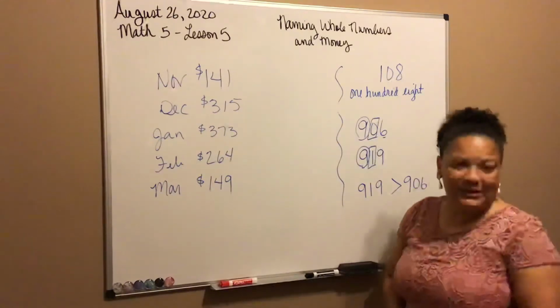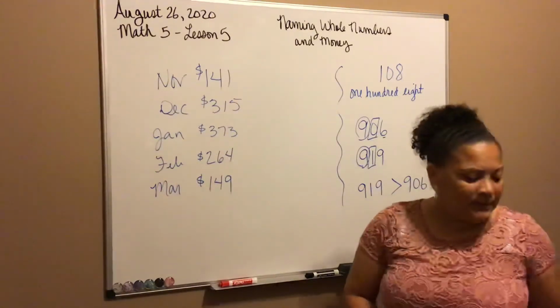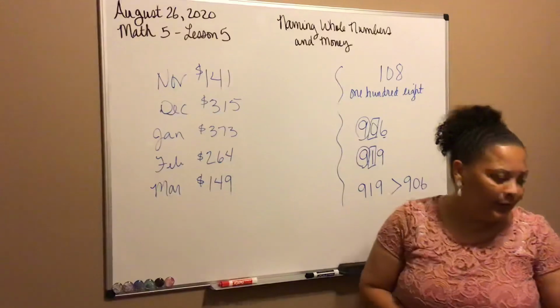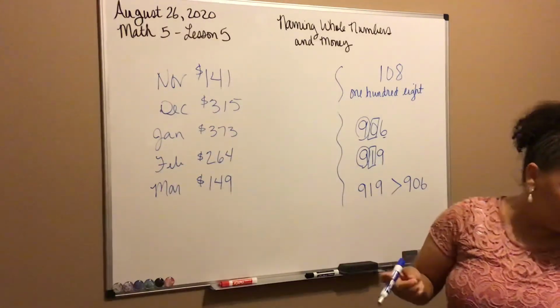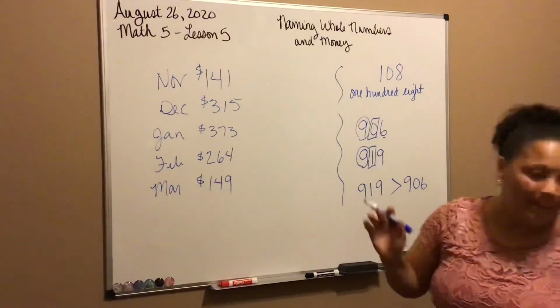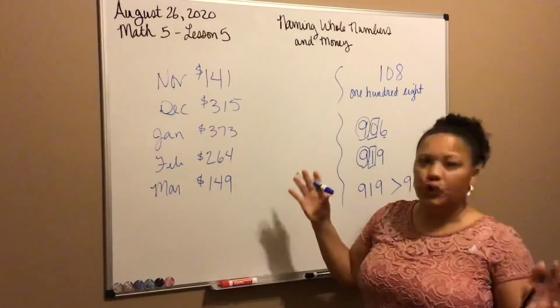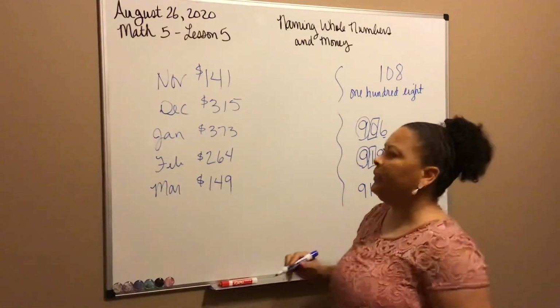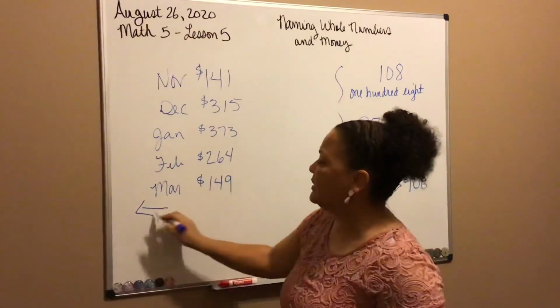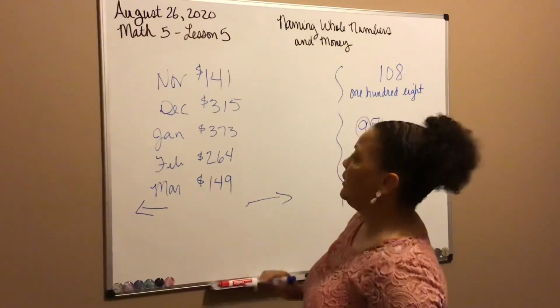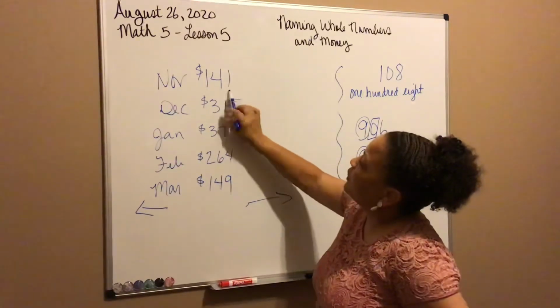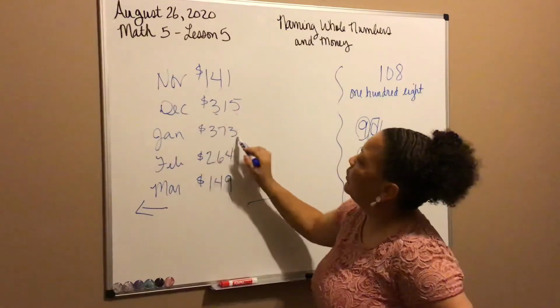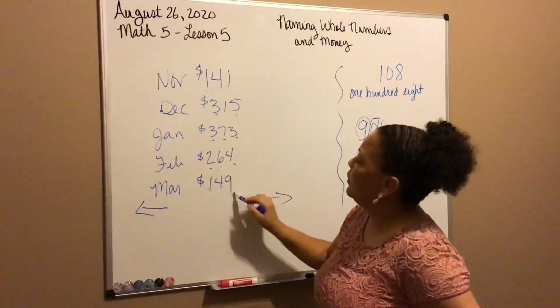Okay, and so it wants us to compare to see which one was the most expensive and which one was the least expensive. So in order from the most, that is the greatest, to the least, we're going to put the biggest on this side and the smallest on that side, okay? So let's start. All of these have 3 digits. 1, 2, 3, 1, 2, 3, 1, 2, 3, 1, 2, 3, 1, 2, 3.